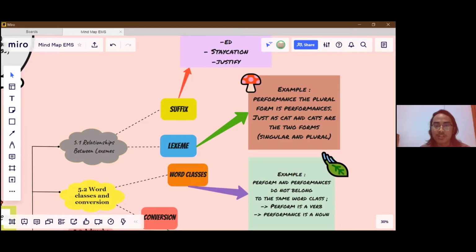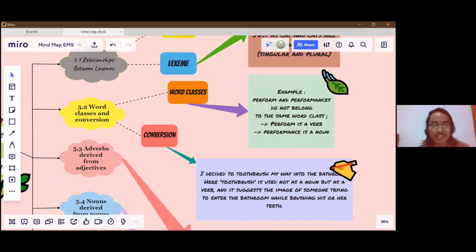The second subtopic is word classes and conversions. Word classes are the same as parts of speech, and what many contemporary linguists call lexical categories.